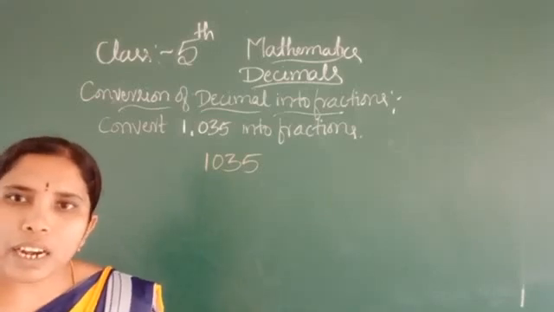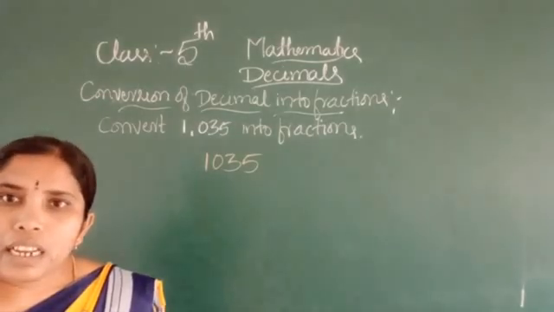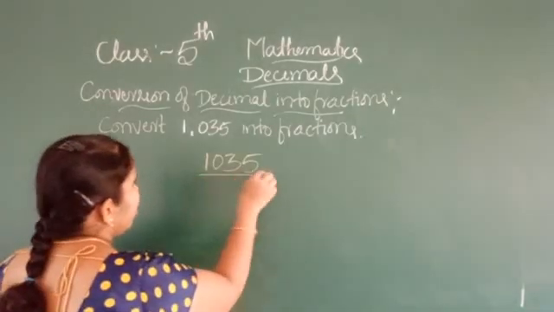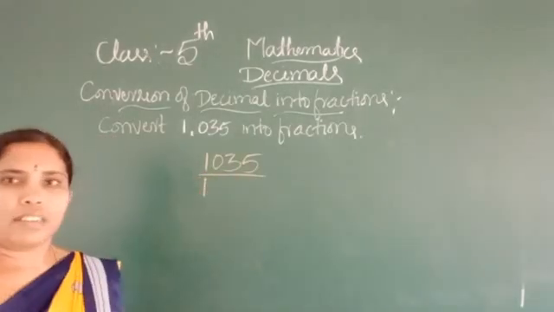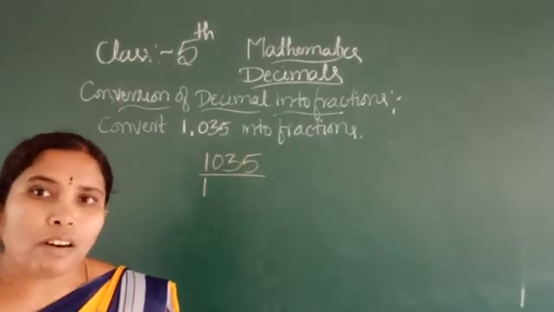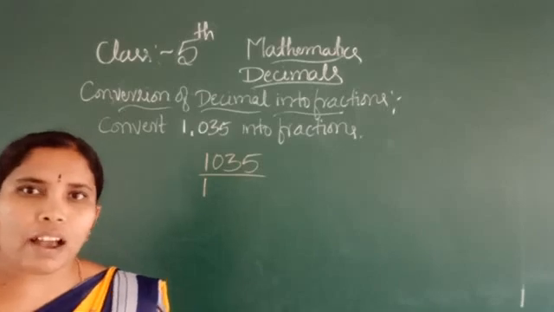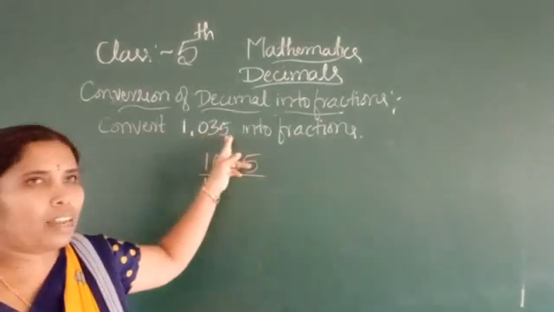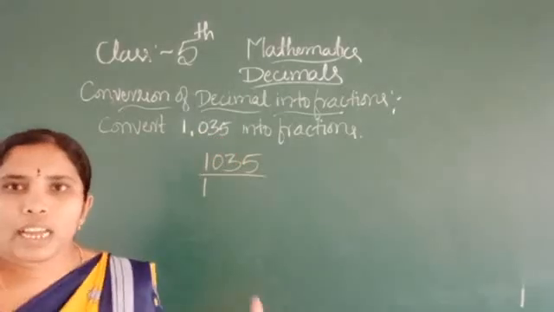Then in the denominator, write 1 first. After the decimal point, how many digits are there? Count that. 1, 2, 3.